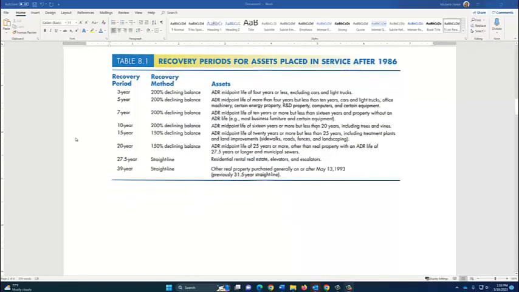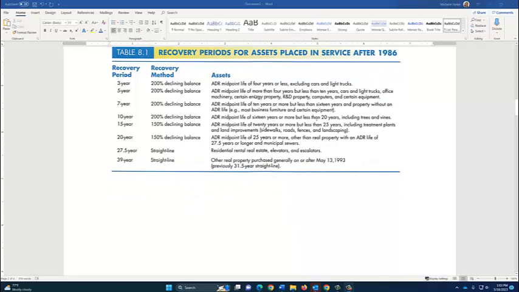Notice in the table here we have cars and light trucks, office machinery, and computers and certain equipment as 5-year items. Then we have furniture and other equipment as a 7-year item. Sometimes in the problem the recovery period will be given, and sometimes you may have to refer to the table.